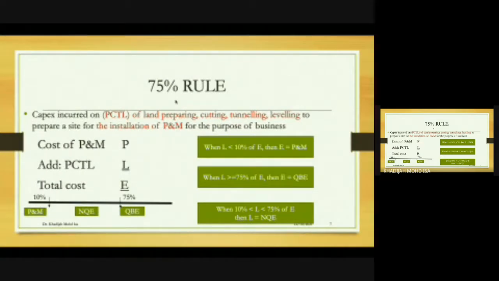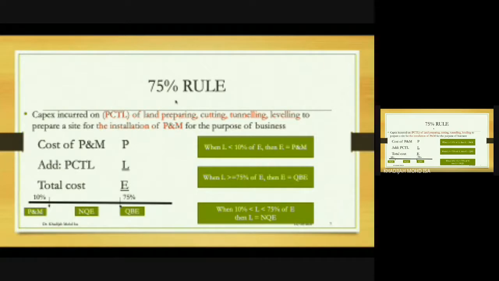So when you have a building, you also have to incur all this PCTL in order for you to install any plant. So you have to go back and look at the cost of the plant and machinery. You have P, and then what is your PCTL, L, and then you look at the total cost E. So if the L is less than 10% of E, then E is plant and machinery.